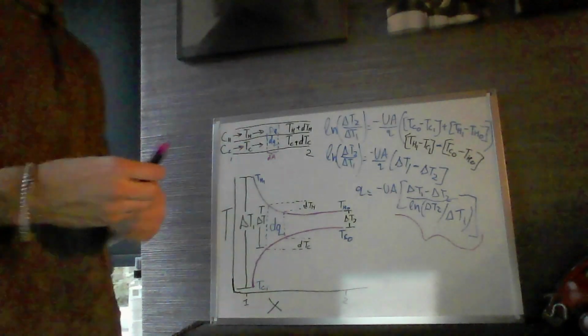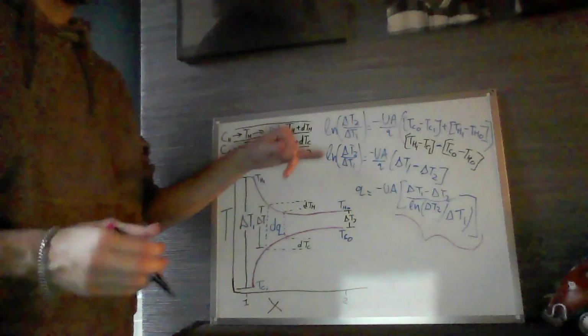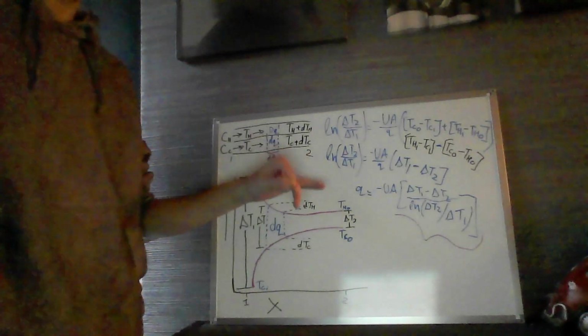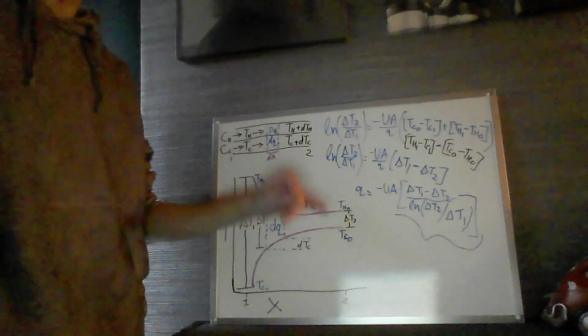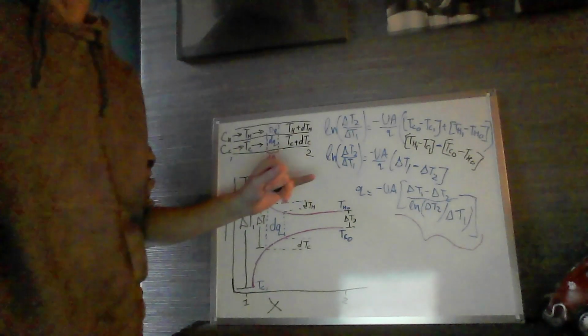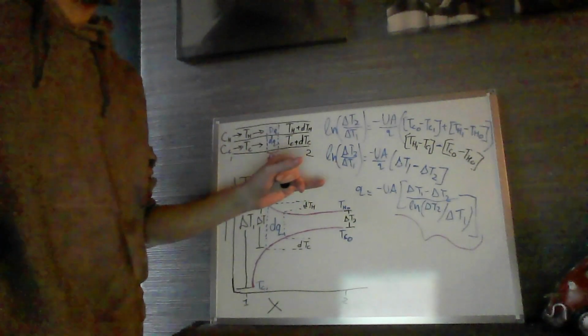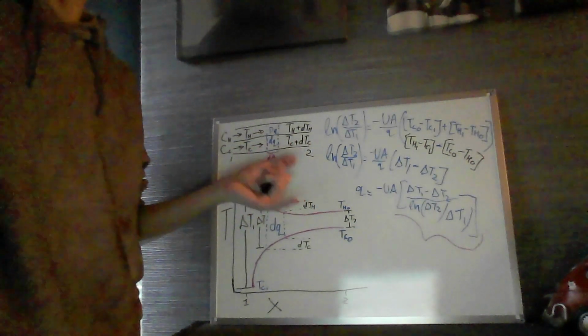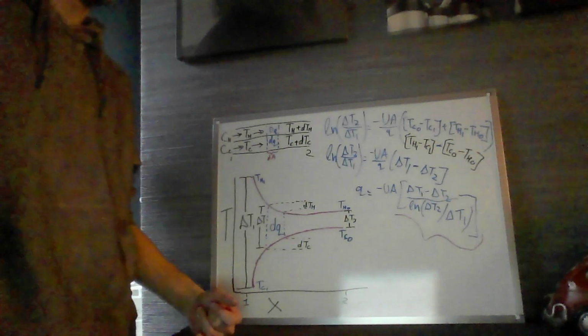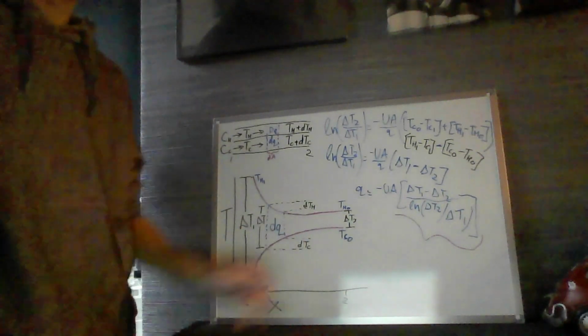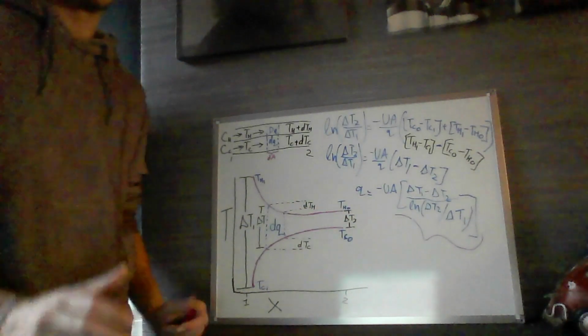So we can rewrite this as simply Q, the heat transfer rate, is equal to negative U, which is the overall heat transfer coefficient, and then A, which is the area available for the heat exchange, and then this that we said is the log mean temperature difference.